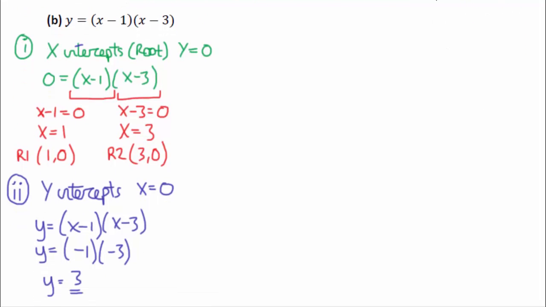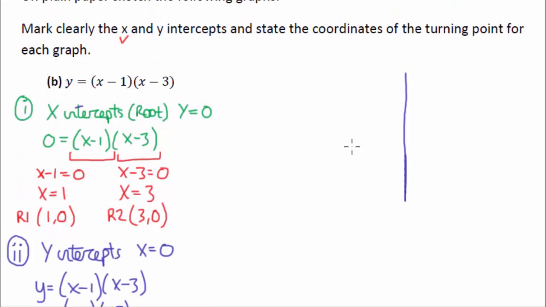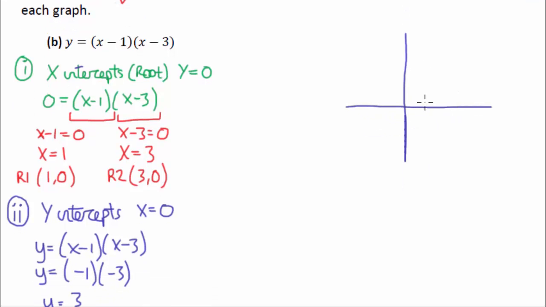So if I then go over to this side and start sketching this out, we've got root 1 at x equals 1, and root 2 at x equals 3.